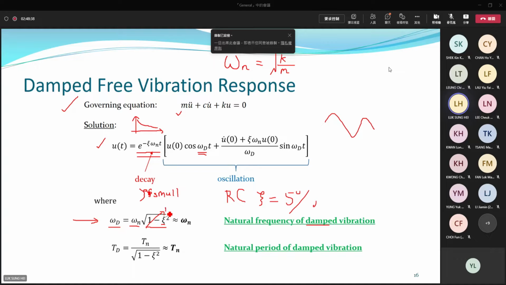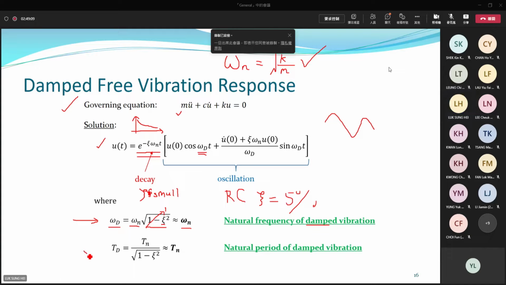Approximately, not exactly. That's why you may make an approximation here. Then the frequency is approximately equal to the original natural frequency, which is the square root of k over m. The damped frequency is approximately equal to the undamped frequency, the square root of k over m. This is one common assumption we make in our calculations.